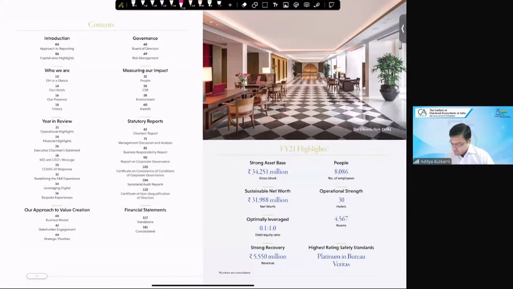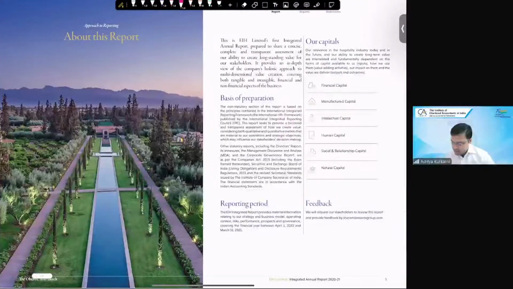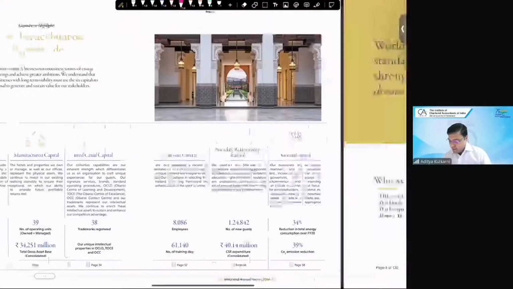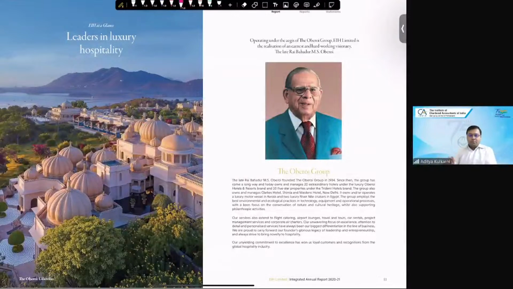EIH is basically a company in the hospitality sector. I think this is the Oberoi group. So you have these Oberoi hotels which are there worldwide.